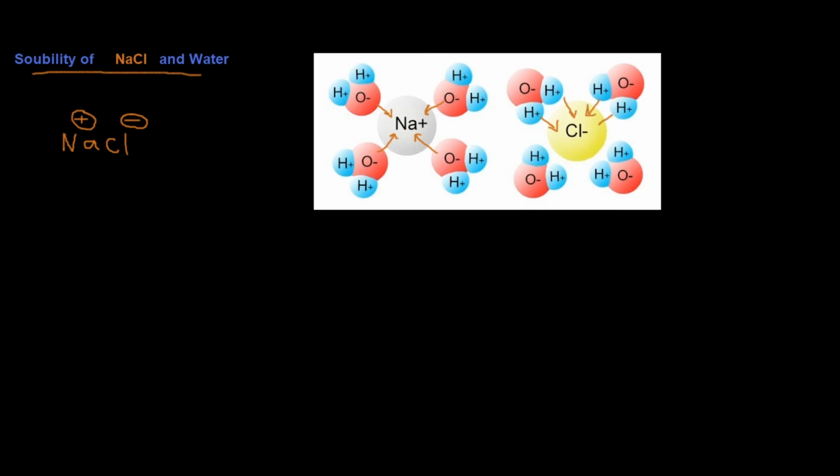So this is the main reason why sodium chloride is soluble in water. Sodium chloride, being ionic in nature, will make a bond with the water molecule which is polar in nature, and hence they are soluble in each other.